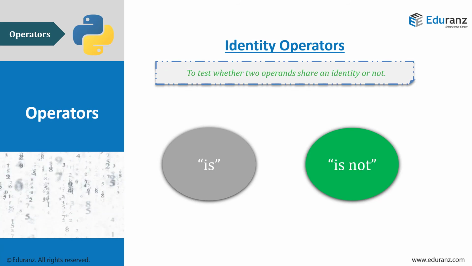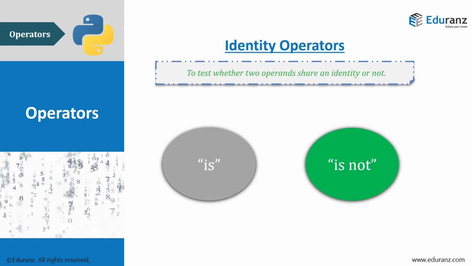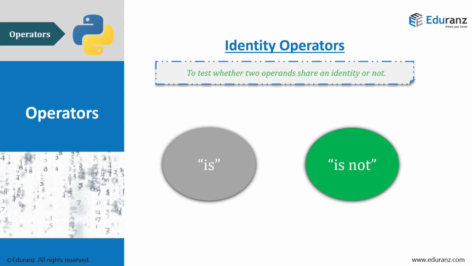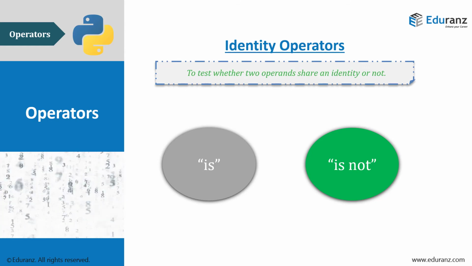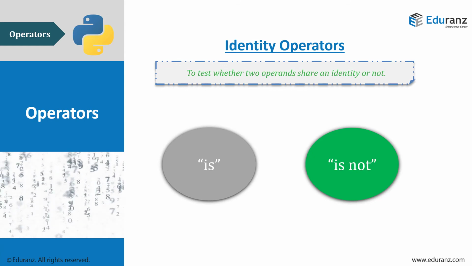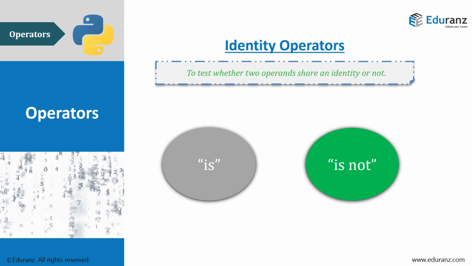So let's say if I would have taken a 7 with single quotes and 7 with double quotes, here also it has the same identity. It is only a string, right, with the same value, right? So of course again it comes out to be true for us, right? The only difference here is the quotes. That does not make a difference, right?